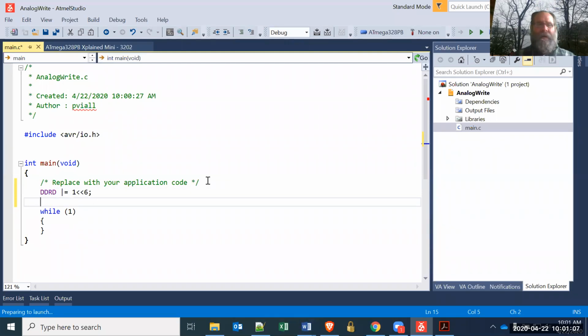I then need to set up the timer control register A and timer control register B. So TCCR0A needs to equal something. All right, let's go back and look at the data sheet at register A.